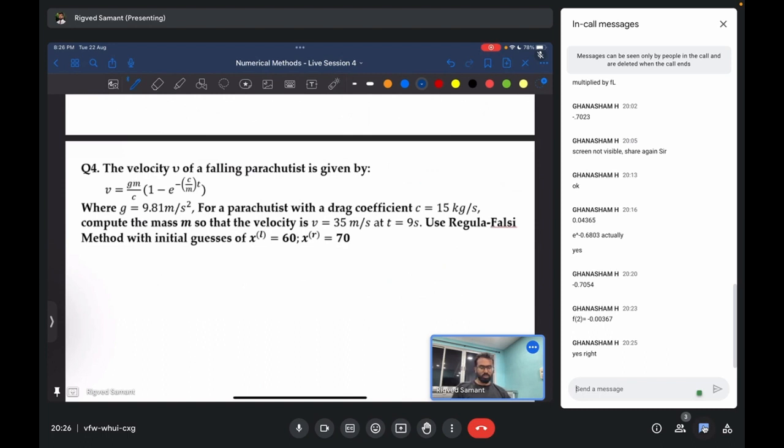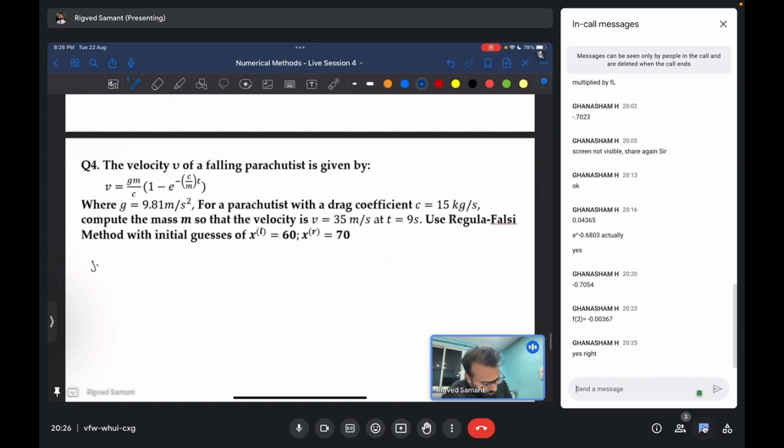You must have seen what Regula-Falsi is. So for Regula-Falsi, or let's say any method, first you will find a closed form solution.